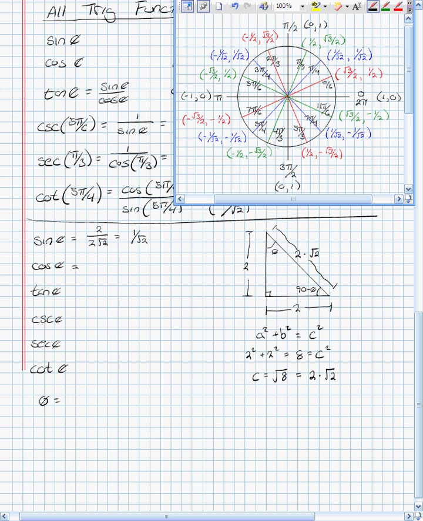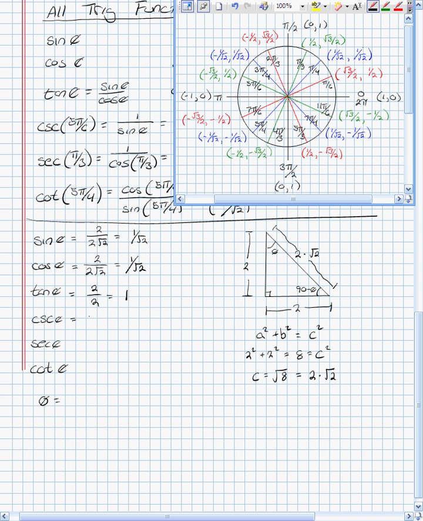Cosine of theta is equal to the adjacent length over the hypotenuse. So 2 over 2 square root of 2 is also equal to 1 over the square root of 2. The tangent is equal to the opposite, 2, over the adjacent side, 2, which is equal to 1.